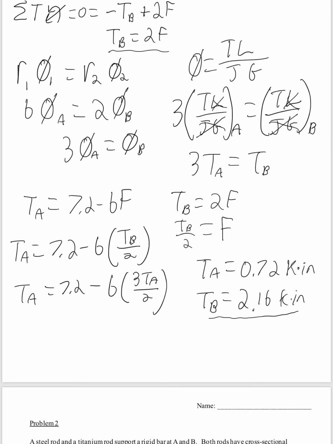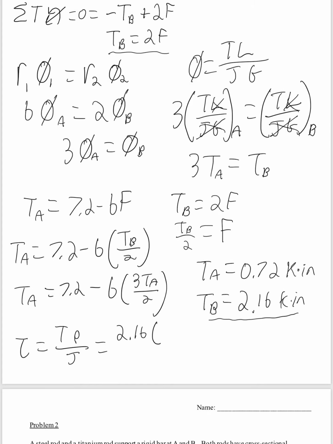It's in torsion, so it's a shear stress. Shear equals T rho over J. We said our torque is 2.16. Rho, the area with the highest stress, is going to be the outer radius, which is 0.75, divided by J, that's going to be pi over 2 times 0.75 to the fourth.